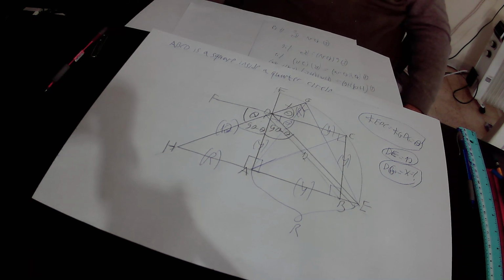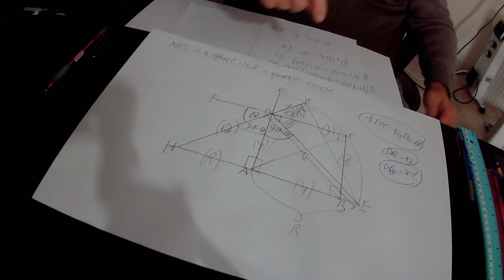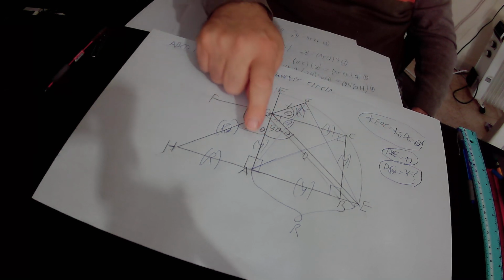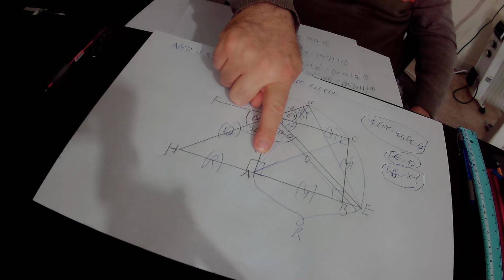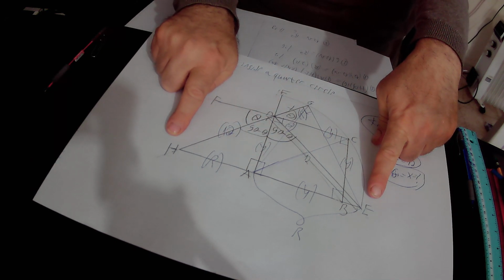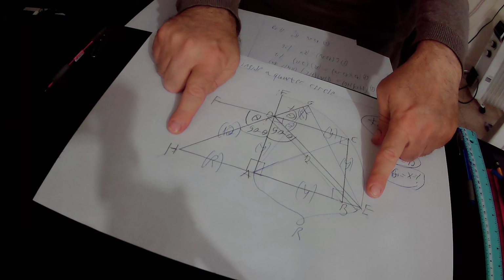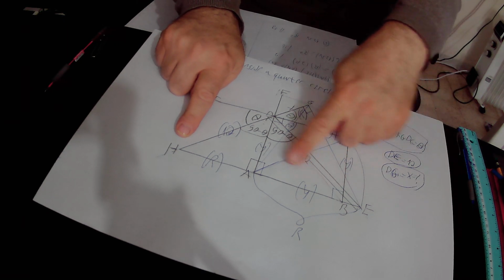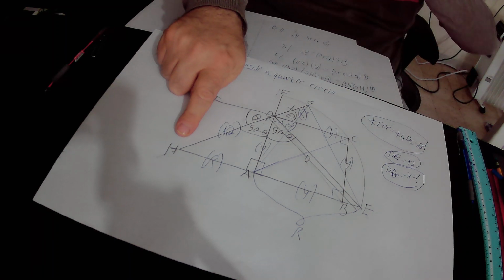And we have here angle EAH equals 180 degrees, and therefore EAH is a straight line. EAH is a straight line, and the length of this straight line is R plus R, that is 2R.